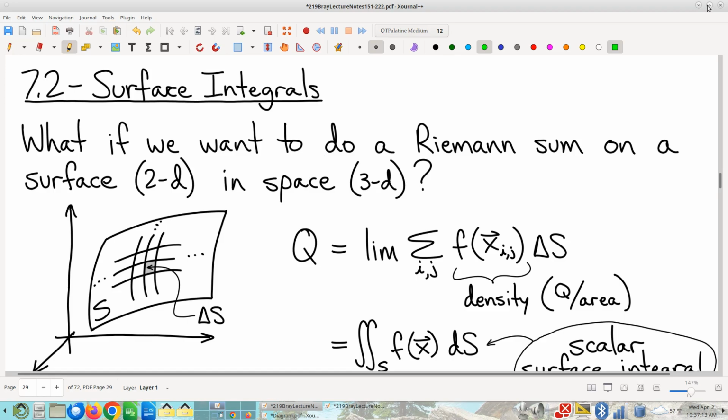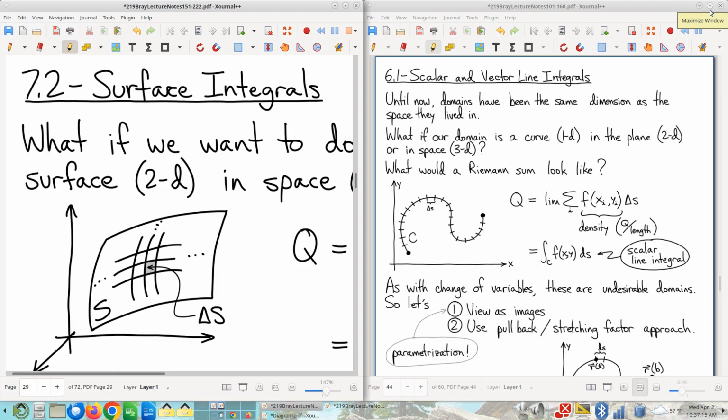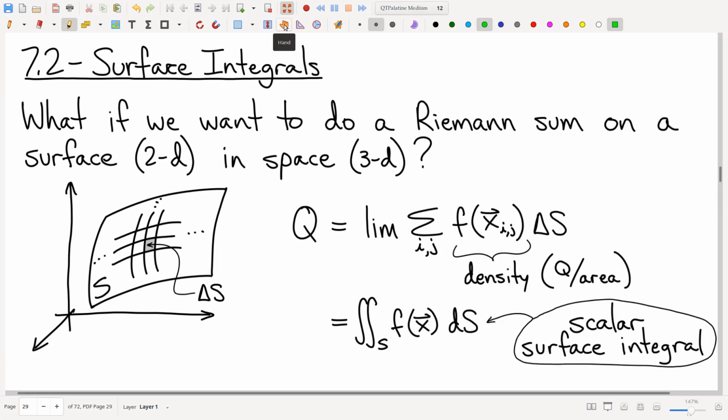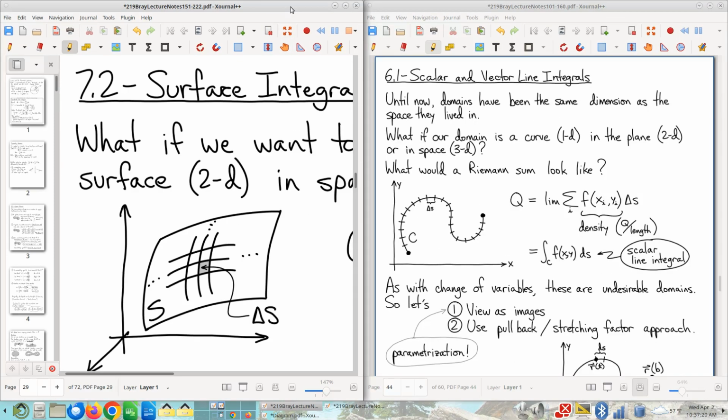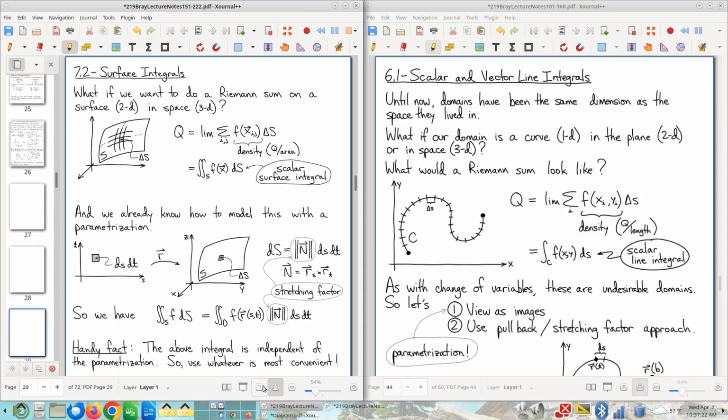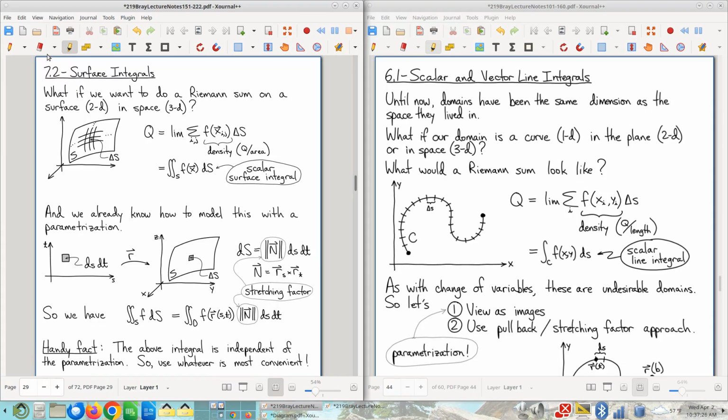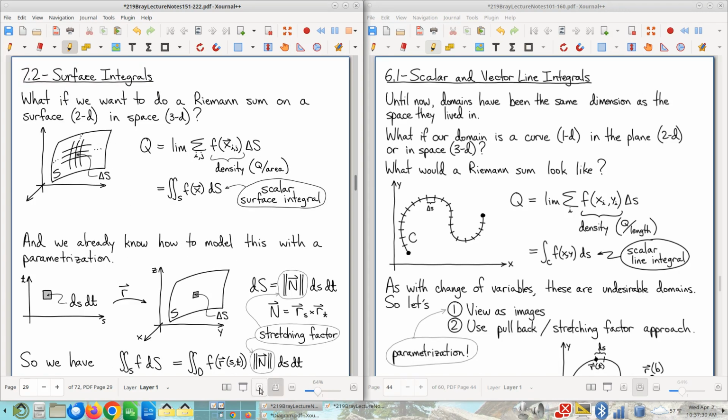I'm going to point out, you can see the way this is laid out on the pages. On the left, we have the process we're about to go through to define surface integrals.